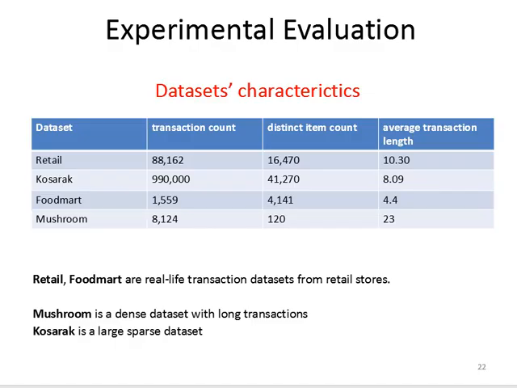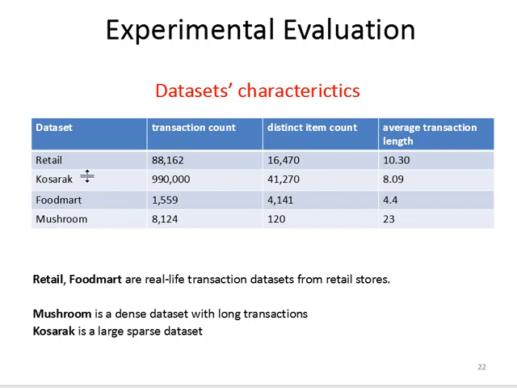Okay. So in this paper, we did some experiments on real data to see the behavior of our new algorithm. For the real databases, we use a different number of transactions, different number of items, and different lengths of transactions. So the goal is to see how the algorithm behaves for different types of data.